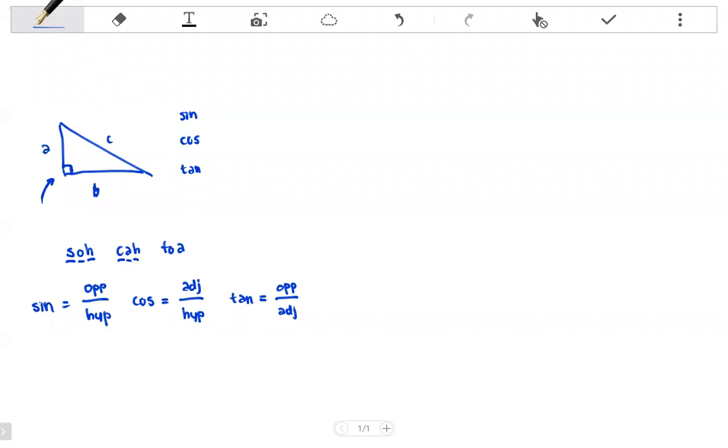Well, we're studying ratios. So I draw a bigger right triangle, and let's say there's an angle theta over here. Theta is the same thing as angle x. It's just a Greek symbol we use when we label angles that we don't know.